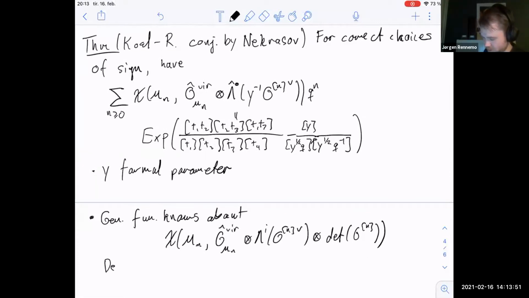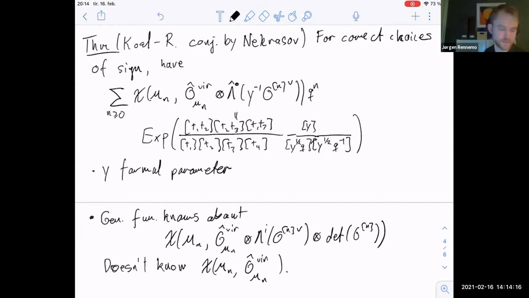So, perhaps surprisingly, the generating function doesn't know the simplest thing. This thing by itself is not one of the coefficients in this generating function.